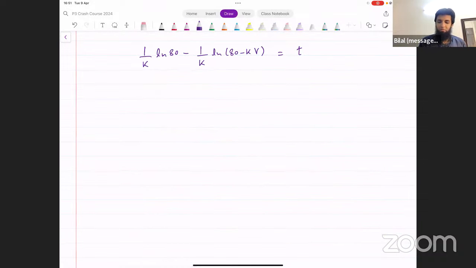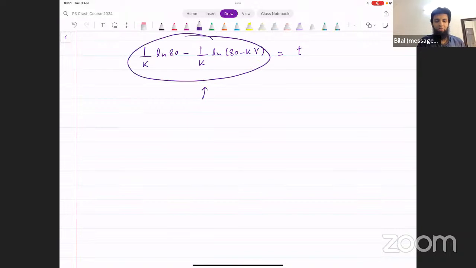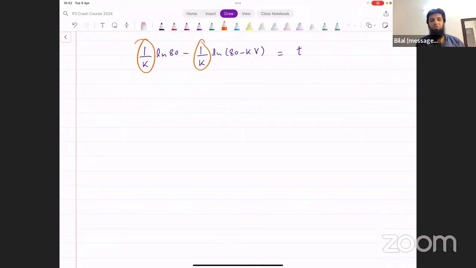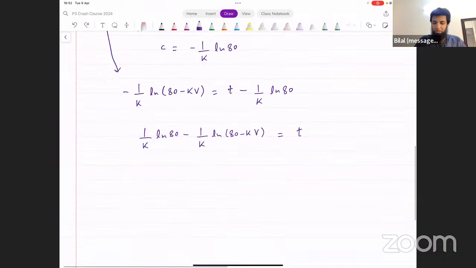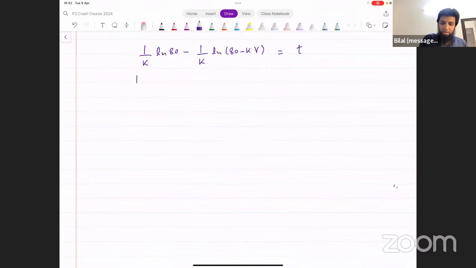What do we do now? We need to apply the division law to make it a single log, but we can't do that unless the number outside is 1. Now, we could either take these to power, but in this case, since both of these numbers are the same, it's going to make things simpler if we just take 1 over k common outside.